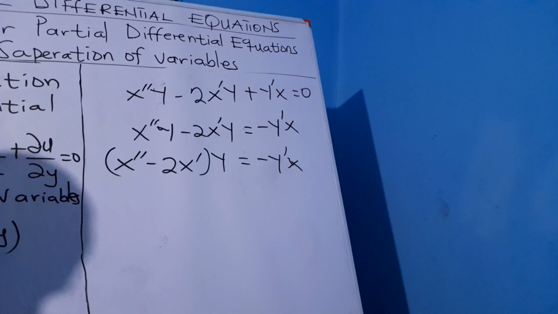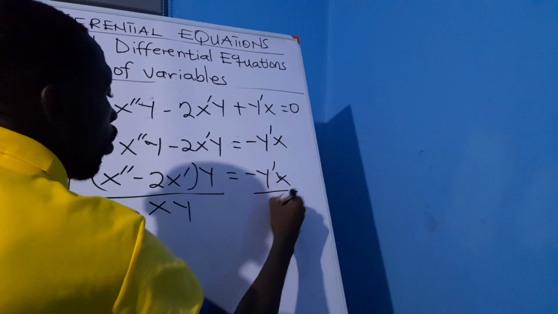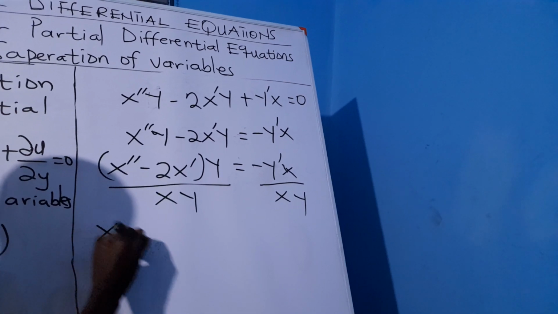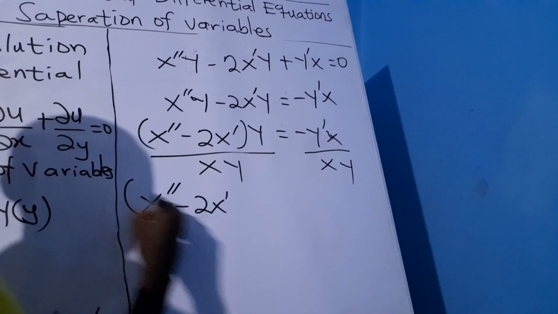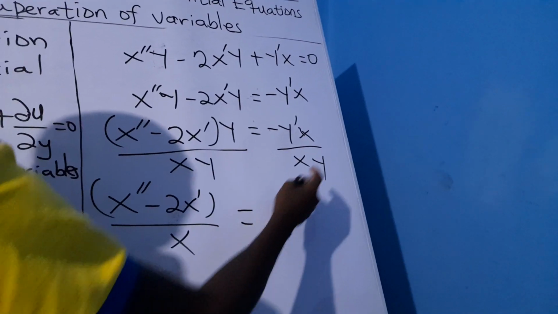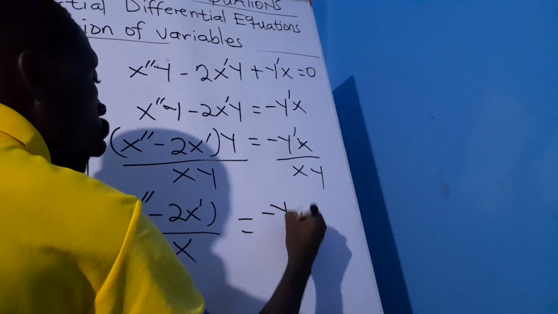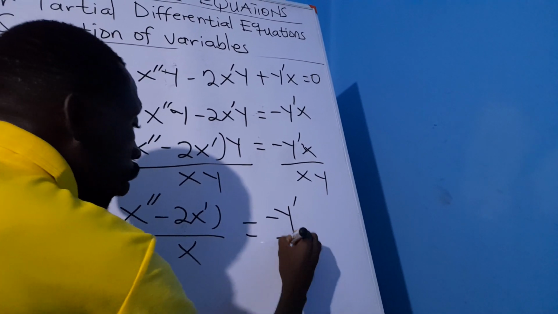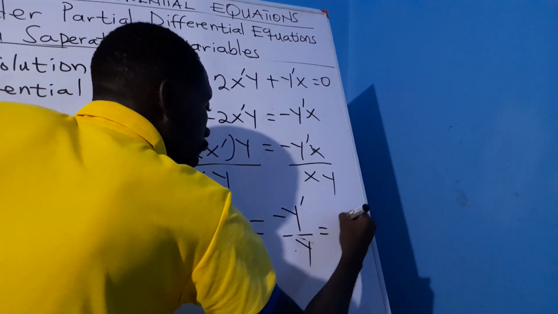When we divide both sides by xy, the y cancels on the left, so we have x prime prime minus 2x prime all over x equal to, the x also cancels on the right, negative y prime over y. And remember, we said it should be equal to a constant, let's say lambda.